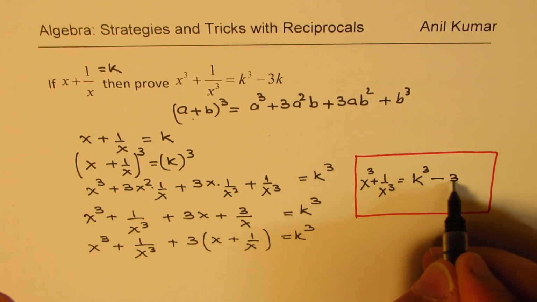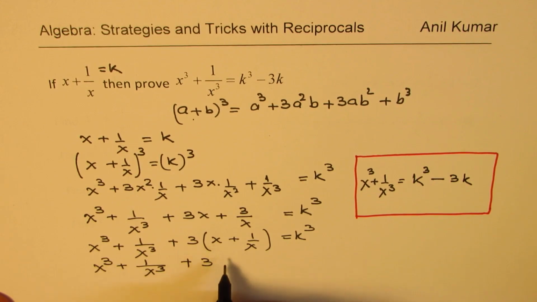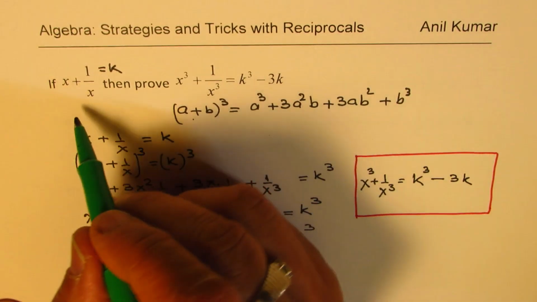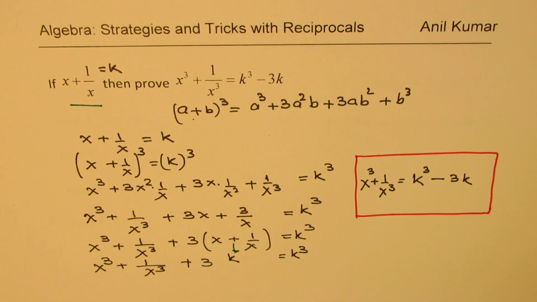That makes sense? Let me rewrite here. So we get x cubed plus 1 over x cubed plus 3 times k equals k cubed, right? So this is what was given to us right there. So we got it from there and we proved the second formula.